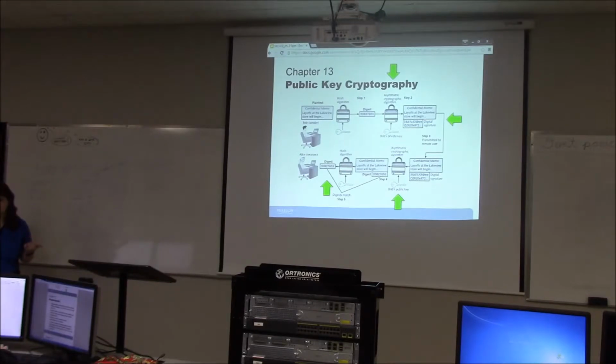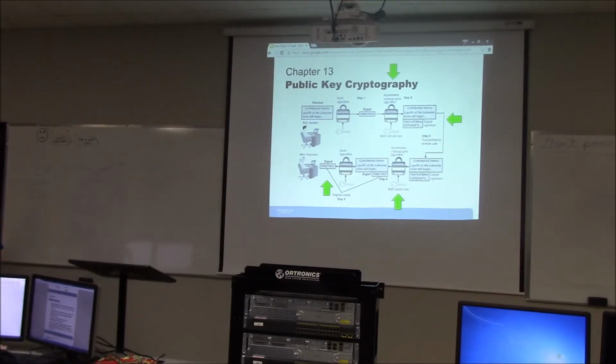So Bob makes a memo. It creates a digest. A digest is ensuring that it's Bob that sent it, right? It hasn't been compromised. It encrypts it with his private key. He sends the memo with that digital signature over on the second green arrow. Alice gets it. She decrypts it with Bob's public key.